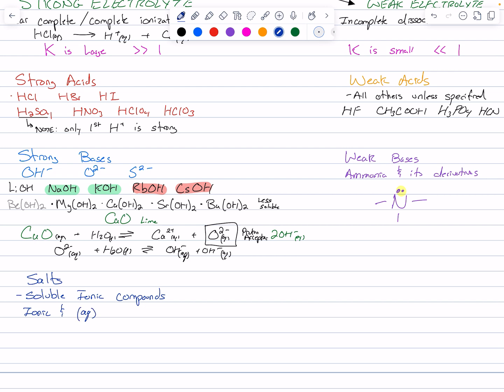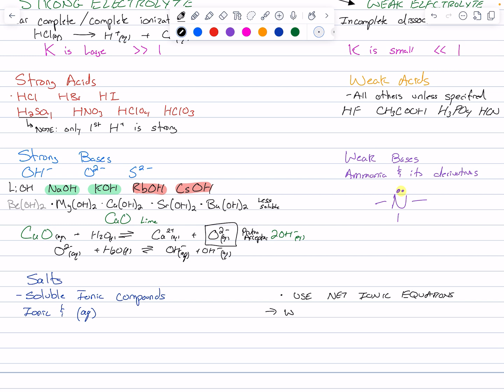And so when we are writing equations right now, a lot of times from now on, we're going to use net ionic equations. Right? Net ionic equations. We like to use those. All right?